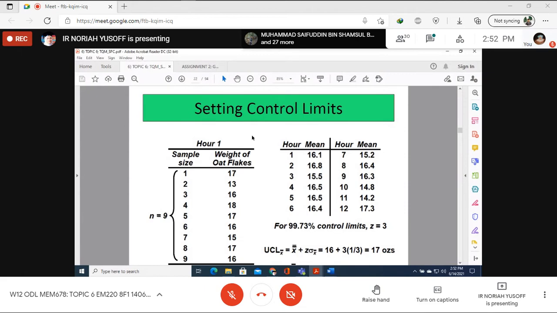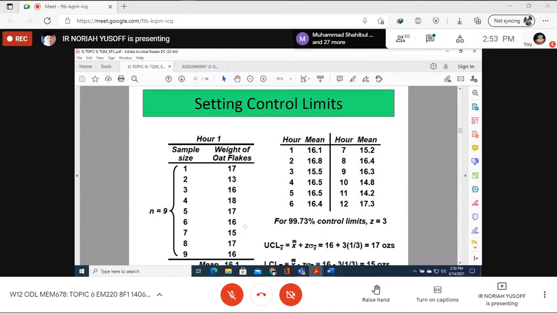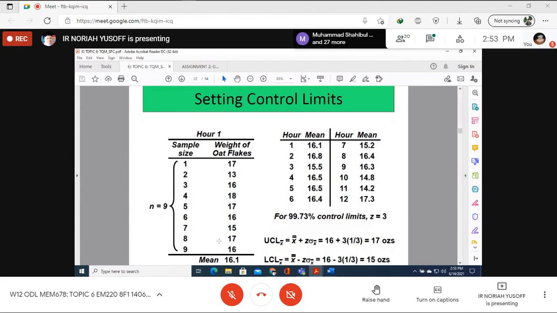They measure kotak oat tu. Okay, so out of 9 samples, the first sample tu, dia punya weight is 17 ounce. Katalah ounce dalam kes ni Mak Saleh punya example. 17 ounce kotak pertama. So dia ambil yang second kotak pula, tengok ada 13 ounce. Okay, yang ketiga pula 16, and so forth. And then they continue doing it until the 9 samples. So they average out, dia dapat the mean value here.